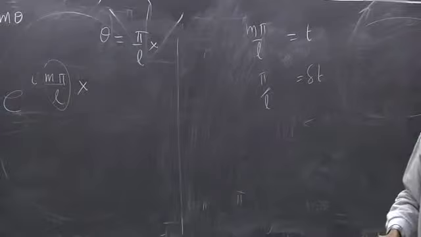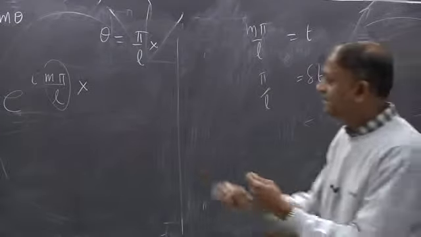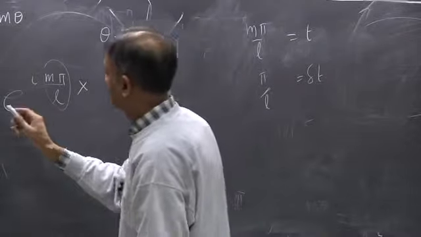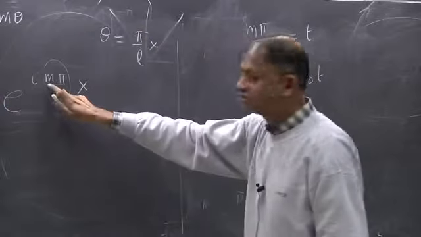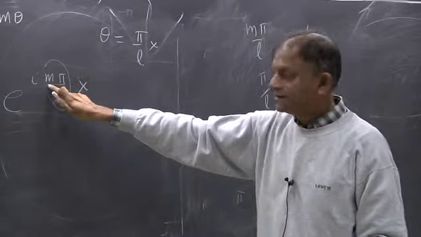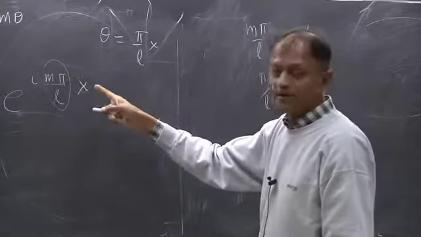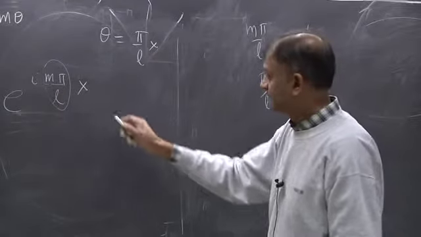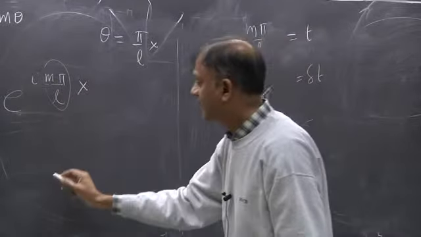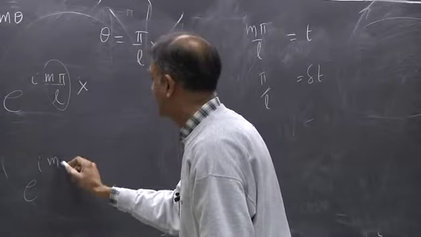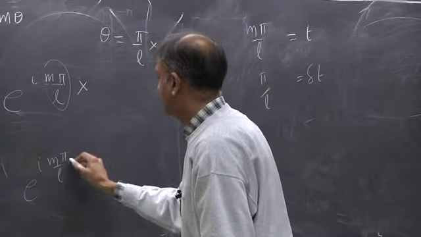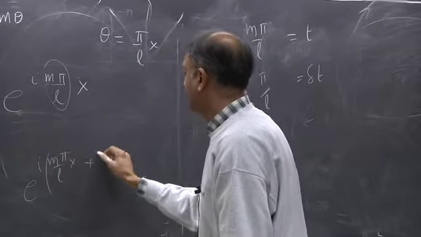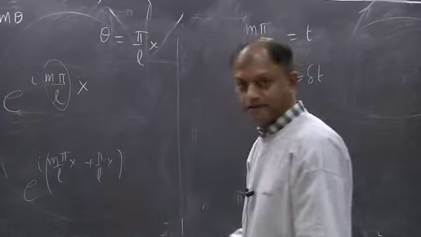So what is happening as I change m? Initially you have some sums over m's. What is the difference between m and m plus 1? The one which comes with m is that, and the other one which comes with m plus 1 is m pi by L x plus pi by L x.